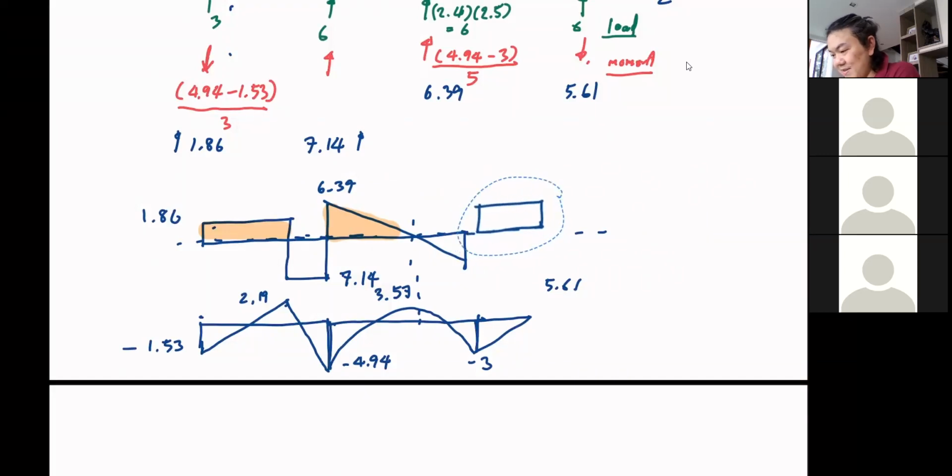Okay, it should be here. Fix it a little bit. Okay. And 5.61. That's that thing. Okay. And then that's 3. 2, sorry. Okay, that's it. Any question?